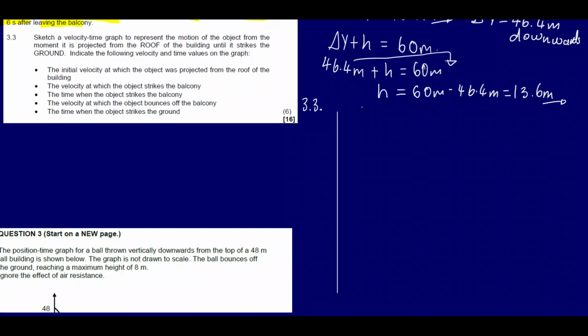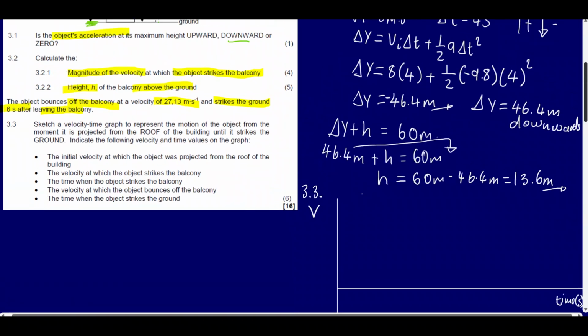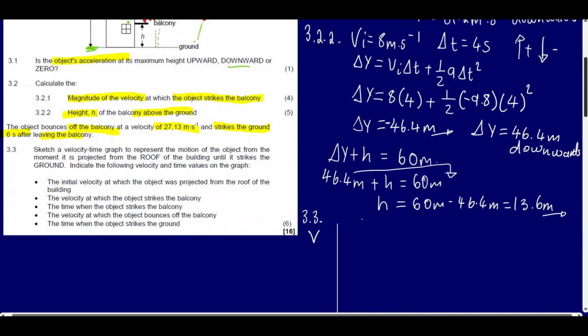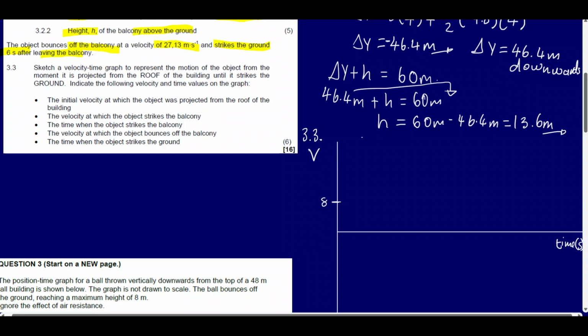We'll just draw a straight line which represents our y-axis and our x-axis here. So this is going to be velocity v, and the time is going to be in seconds. Now let's indicate some of the values we have, especially for the velocity. We have the initial velocity, which we can say is 8 here, and minus 8 here.